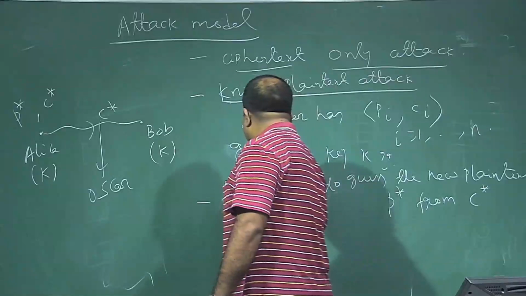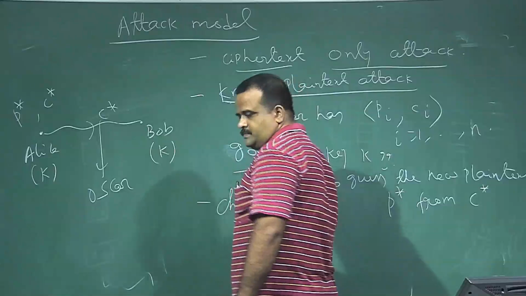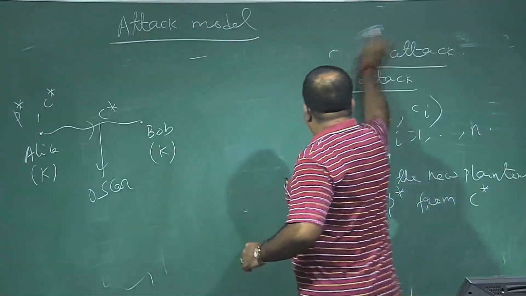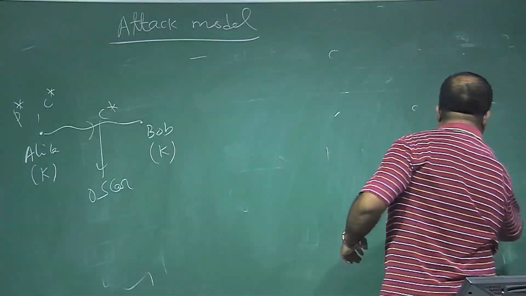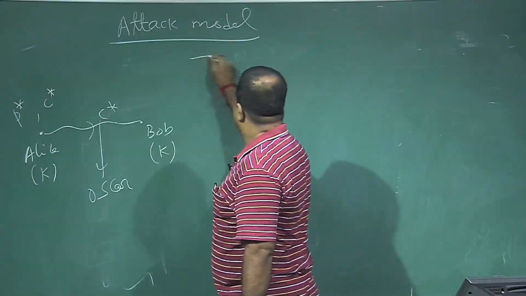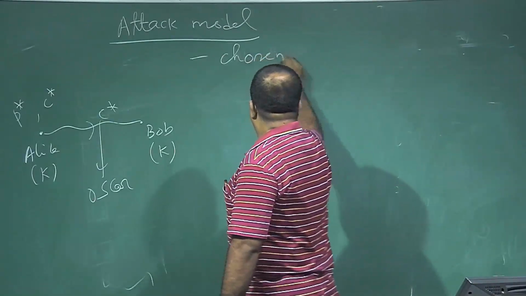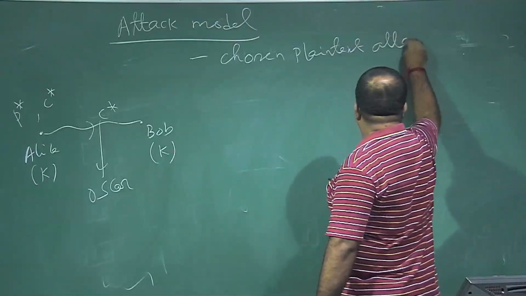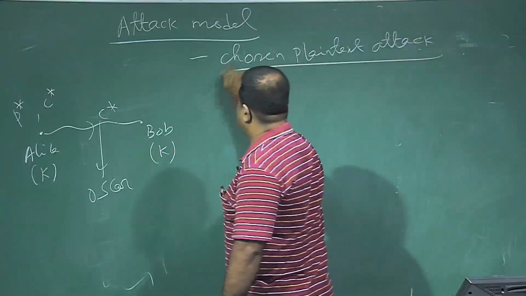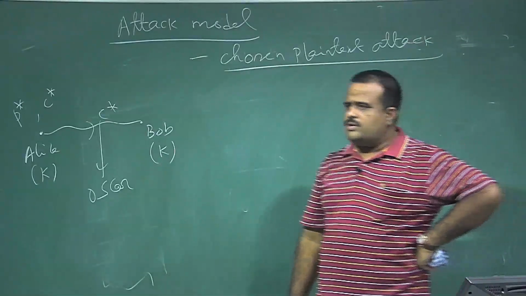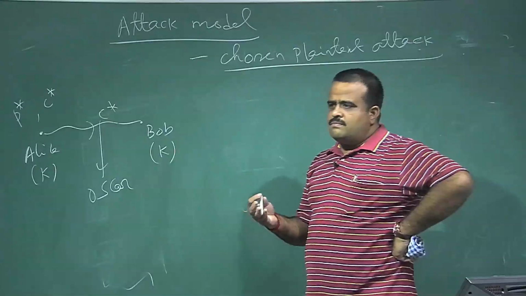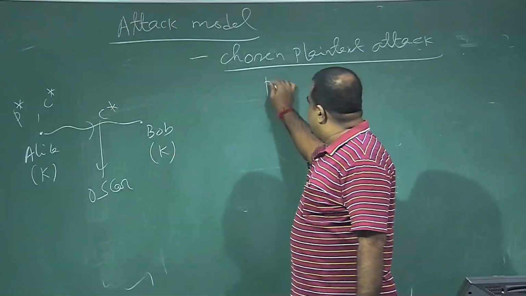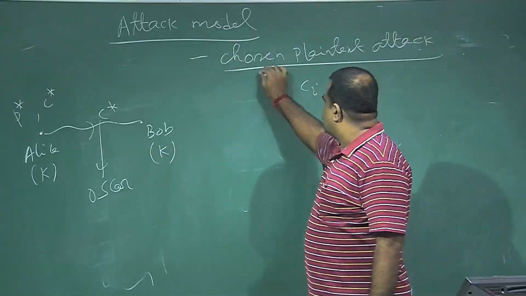chosen plain text attack. This is called chosen plain text attack. This is the third model. Here we are giving some more power to the attacker, in the sense that the attacker can choose some plain text and get the corresponding ciphertext.